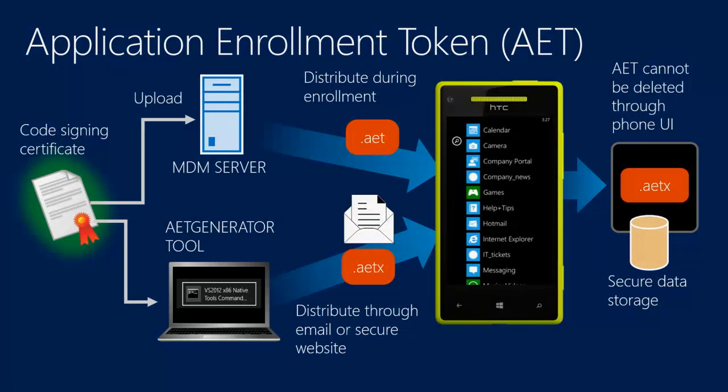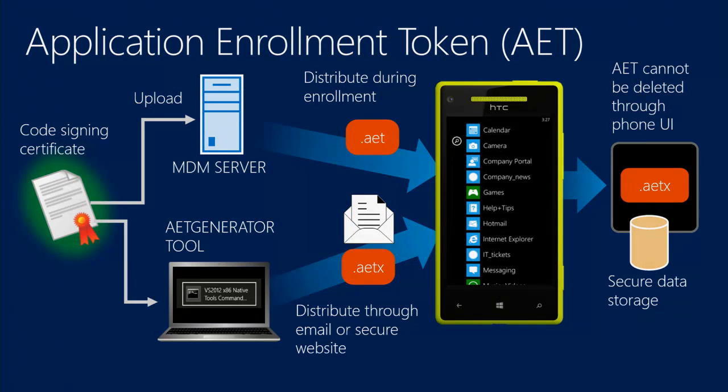Once you have that certificate from Symantec and you've exported it into a PFX file, there's an AET generator tool, which we'll discuss later, that will help you create this token. Now, this token is distributed through the devices, and it is basically the certificate signing process.